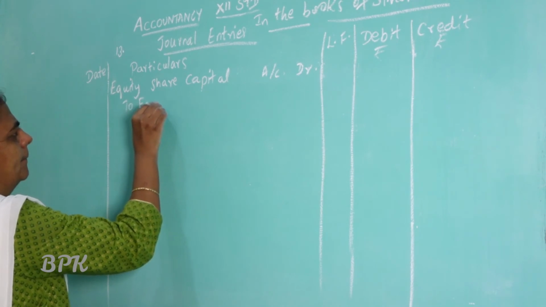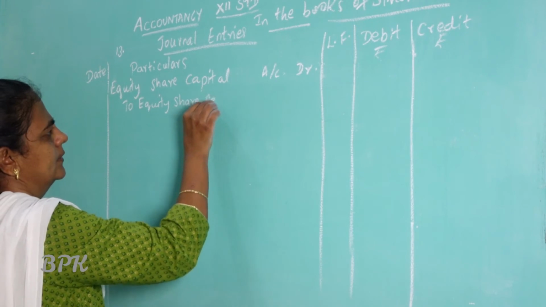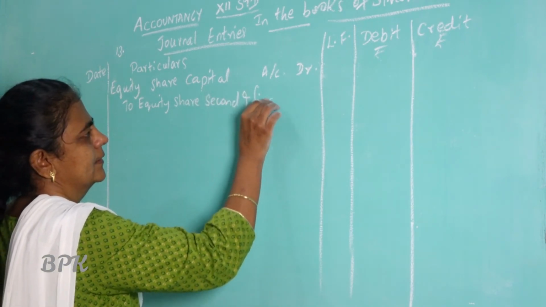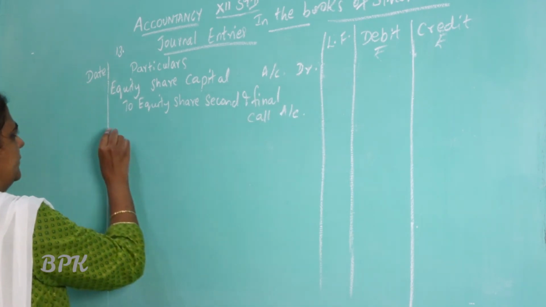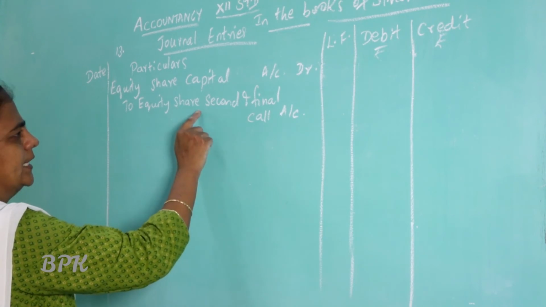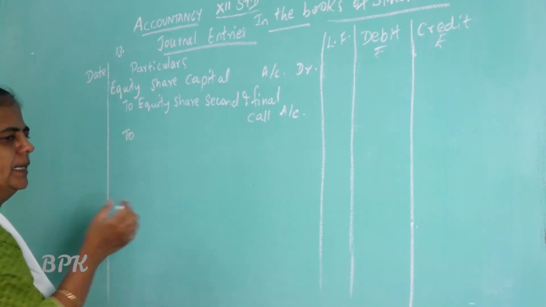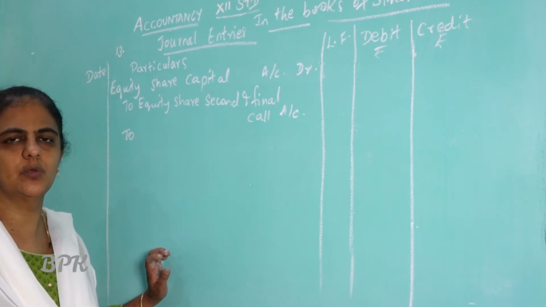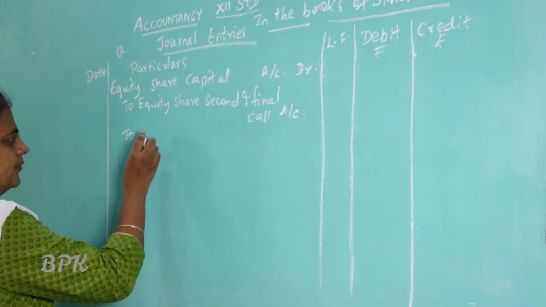Equity share second and final call account. What he paid already, he paid application money, allotment money, and the first call money. All this goes to the company. It is a profit for the company that goes to forfeited shares account.